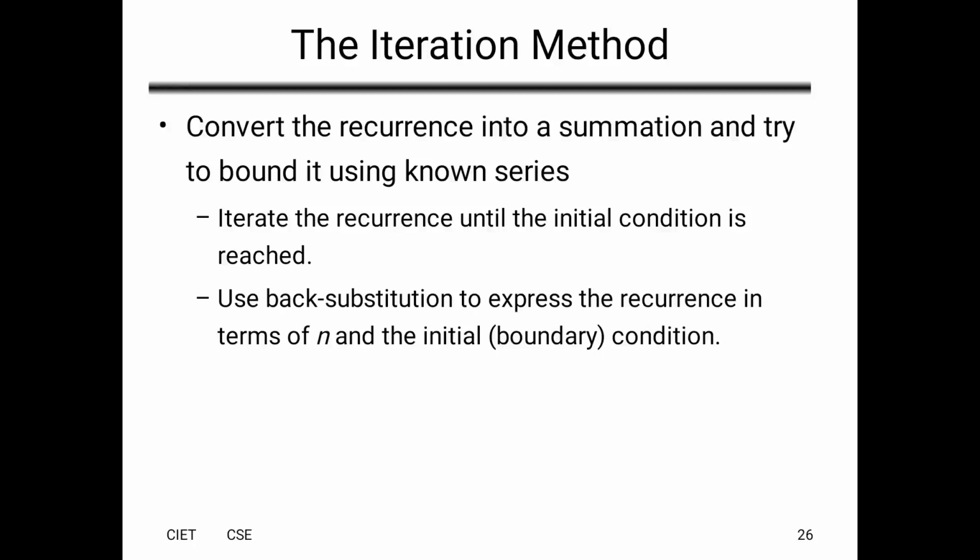We convert the recurrence into a summation and try to bound it using a known series. We iterate the recurrence until the initial condition is reached, and use back substitution to express the recurrence in terms of n and the initial boundary condition.